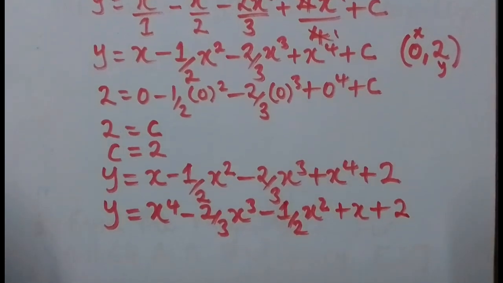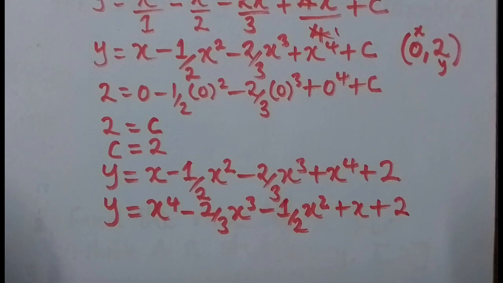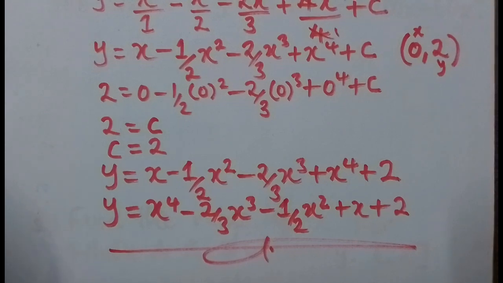So if we have to arrange the terms on the right side according to the highest power, then we are going to have this order. So y is equal to x to the power 4 minus 2 over 3 x to the power 3 minus 1 over 2 x to the power 2 plus x plus 2 as our equation of the curve.